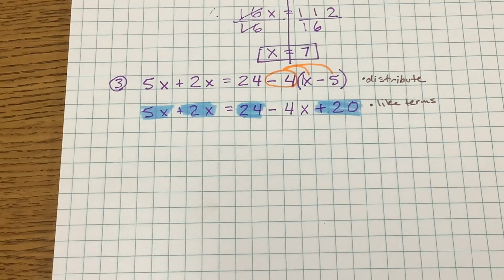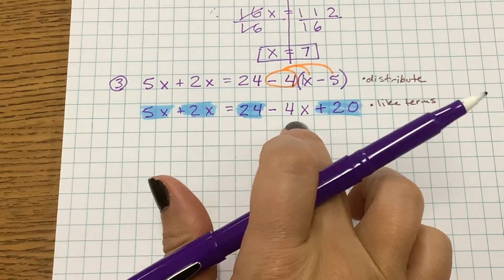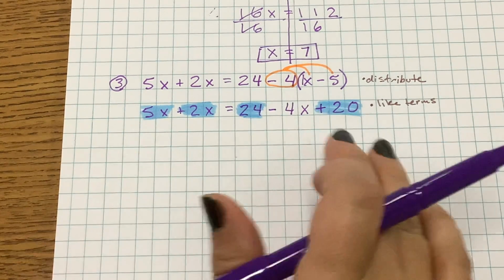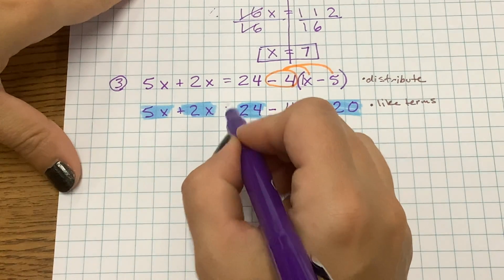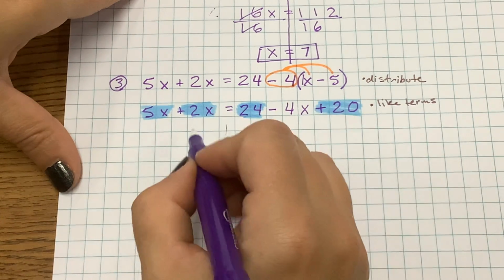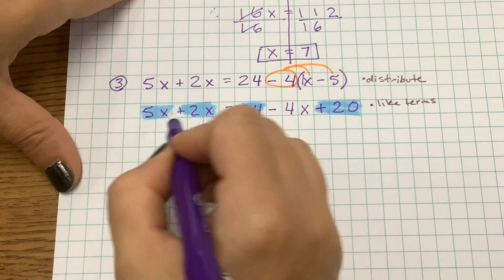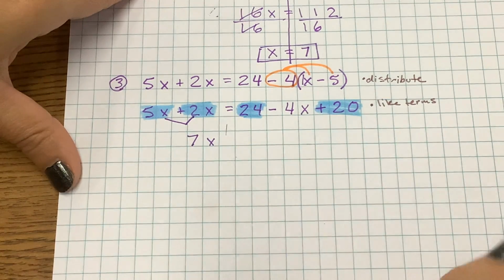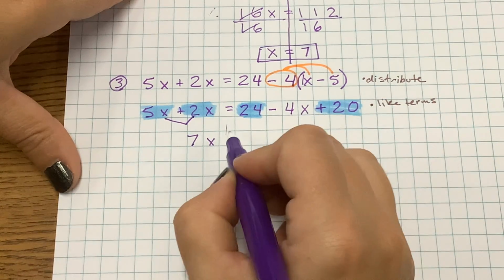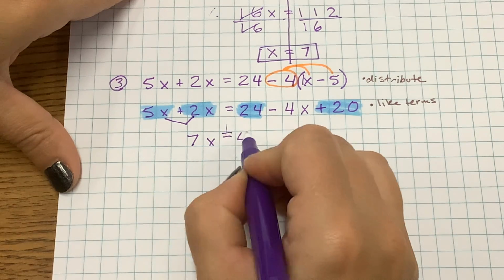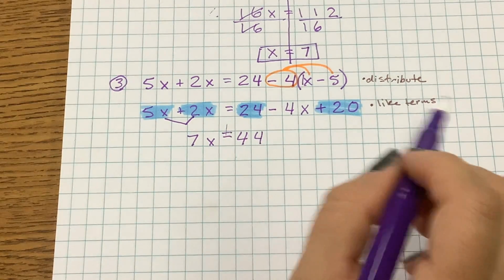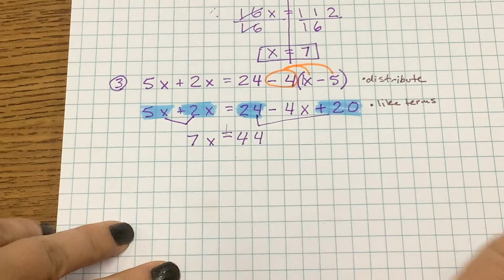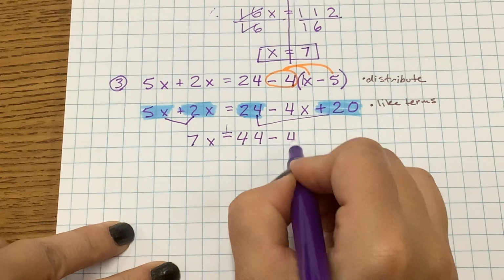When we're combining like terms, we're not trying to combine the 5x, 2x, and 4x together. We're just working on each side individually, almost like this equal sign is a wall. So 5x and 2x is 7x. That's where that came from. And then 24 and 20 is 44. And that's where that came from. Bring down the minus 4x.